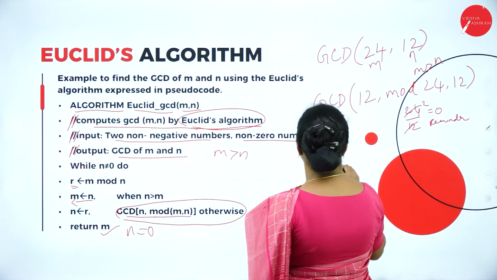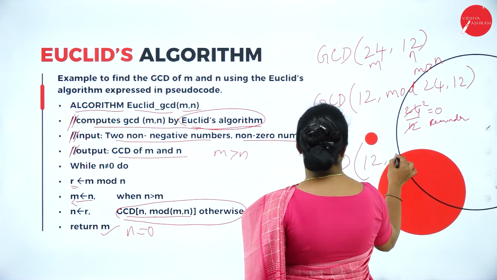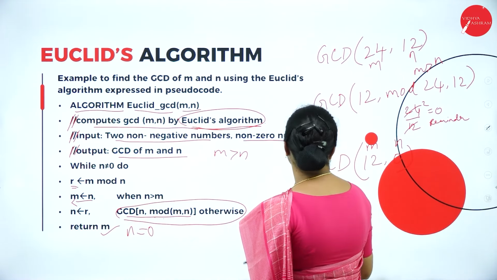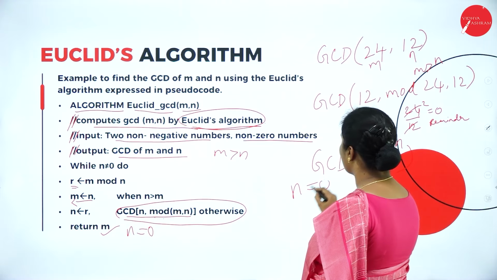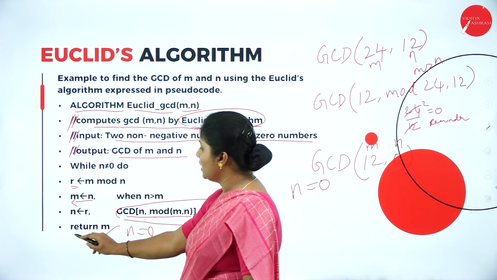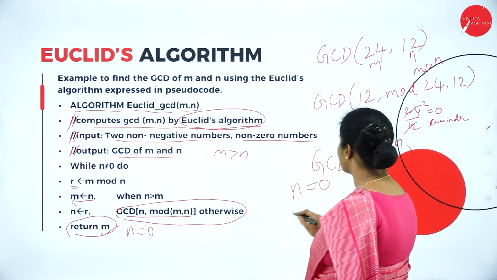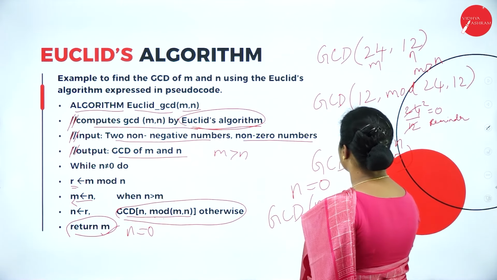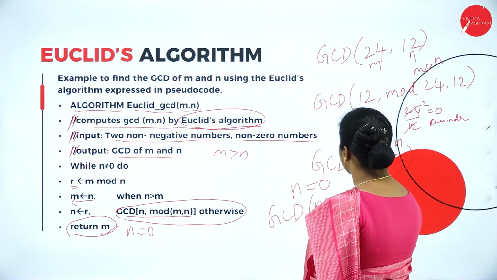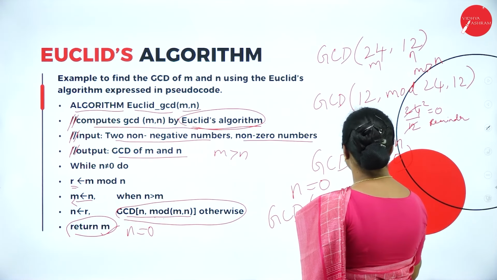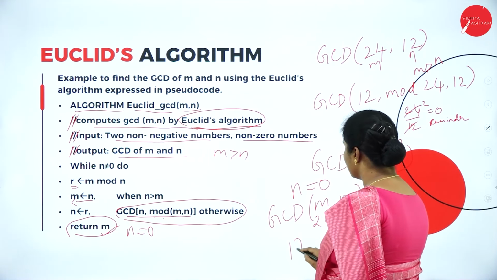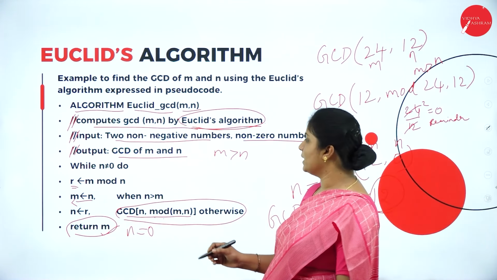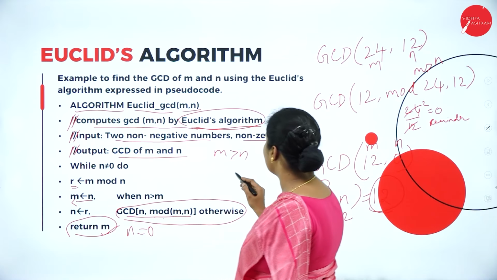So I am writing GCD of 12 comma 0. Now the m value is 12 and n value is 0. If n value is 0, what I should do? I should return m. So GCD of m comma n, that is 24 comma 12, is equal to 12. So what is the answer? 12 is the answer.